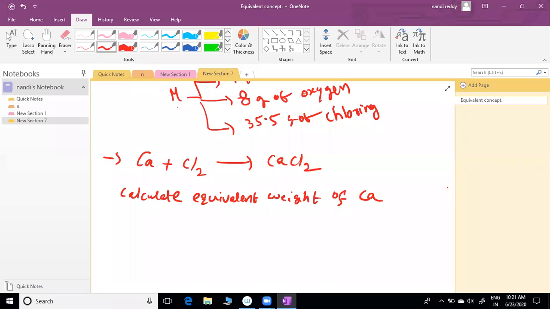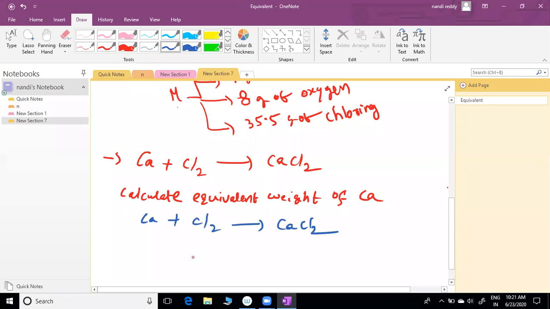Here, Ca plus Cl2 gives rise to CaCl2. Here calcium is 40 grams, combined with chlorine.